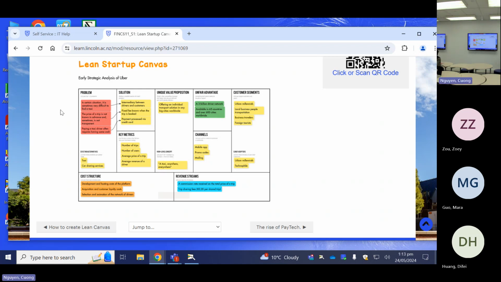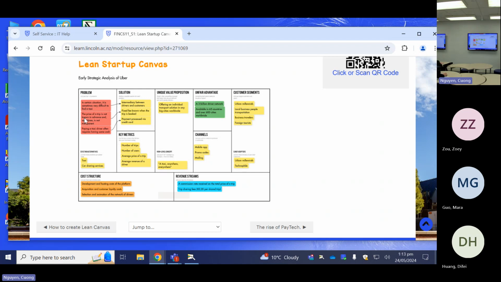So in this example, the first problem is that in a central situation, it is sometimes very difficult to find a taxi. And then the first solution is immediately matching driver and customer, so you can find a similar vehicle immediately.